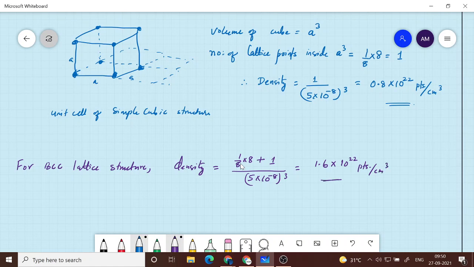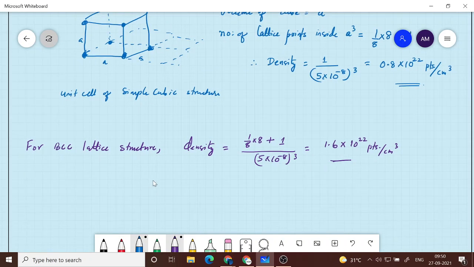That many lattice points. Now what about a face centered cube? For an FCC lattice structure, again at the corner you have 1 each, which is shared by 8, and then on the faces you have 1 each.